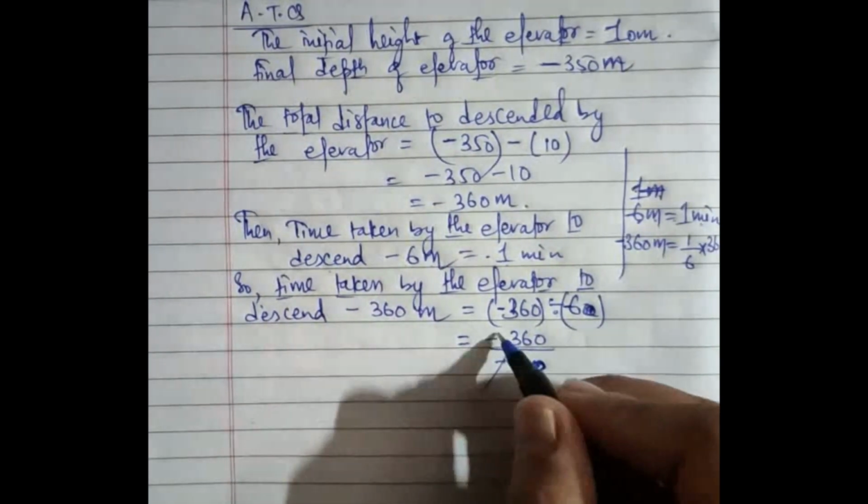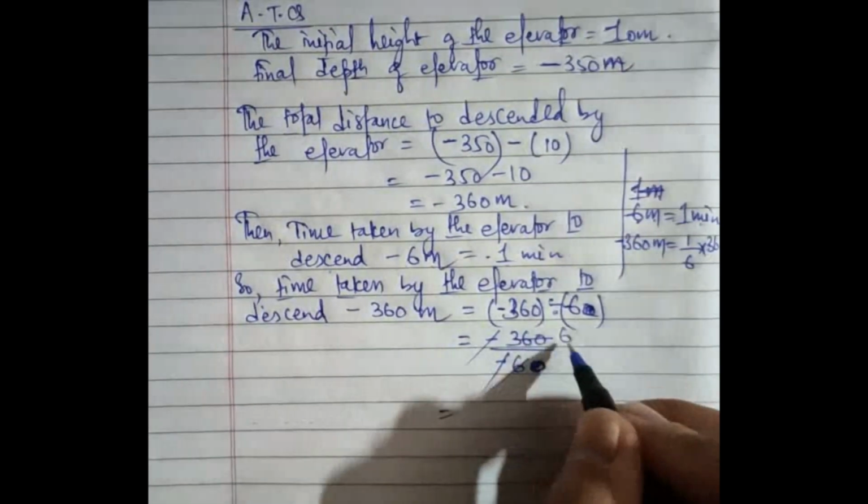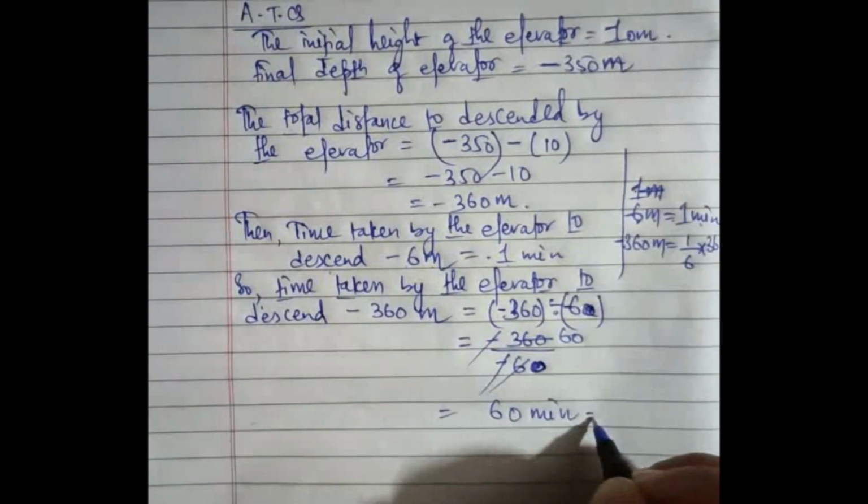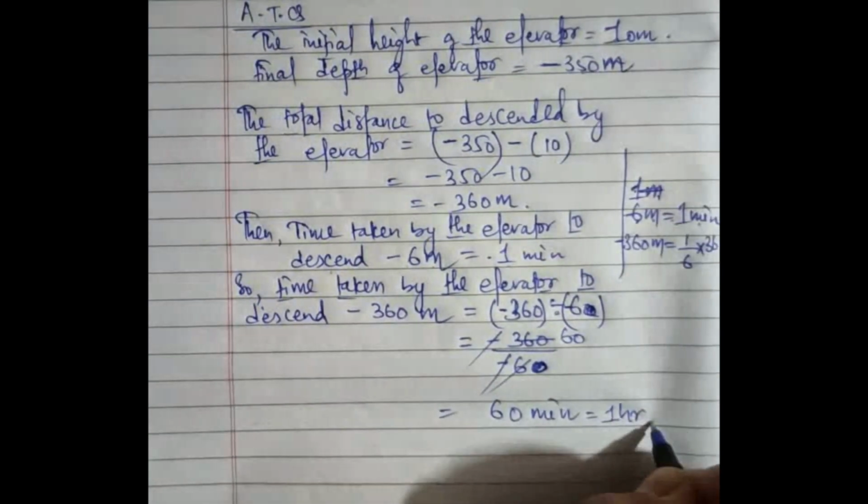So minus minus gets cancelled. 6 times 60 is 360. So it is 60 minutes. 60 minutes means 1 hour, isn't it?